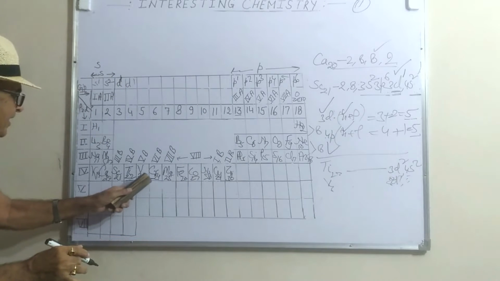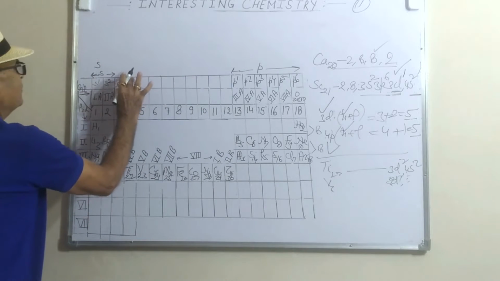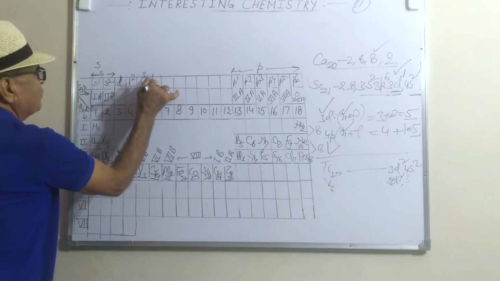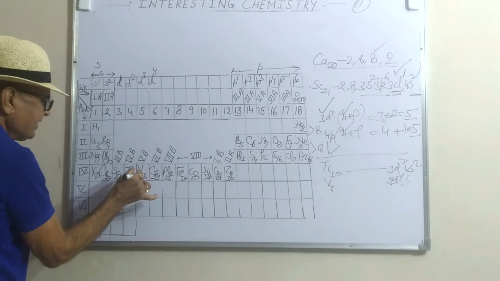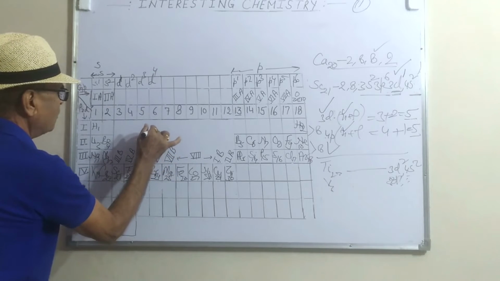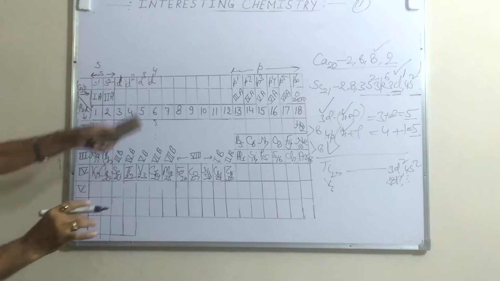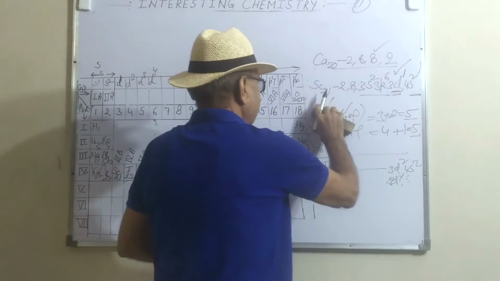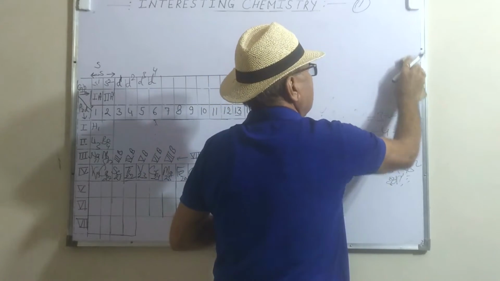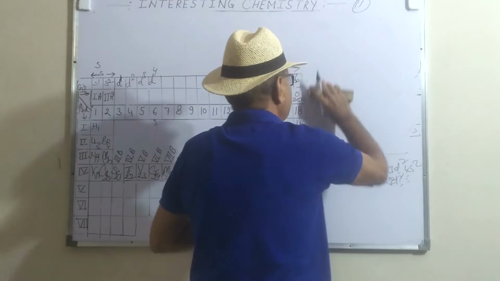So surely it is D2, it is D3, and chromium is D4. Yes, chromium D4. So please understand the electronic configuration of chromium.